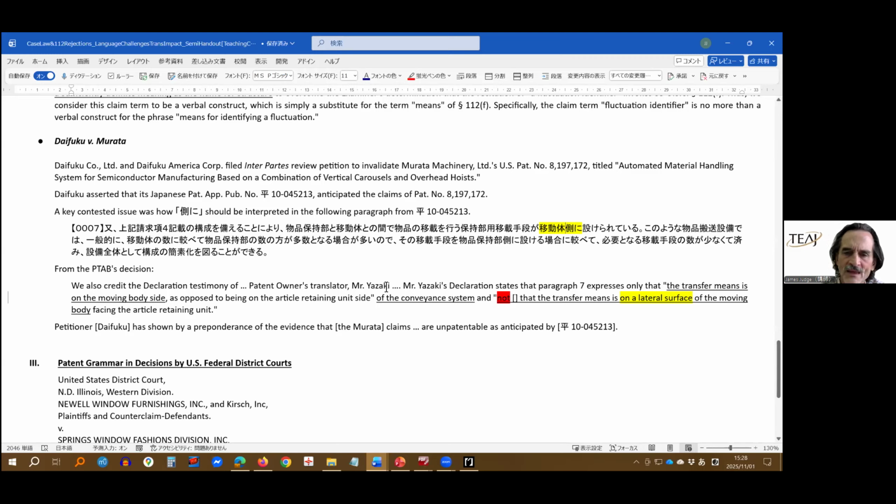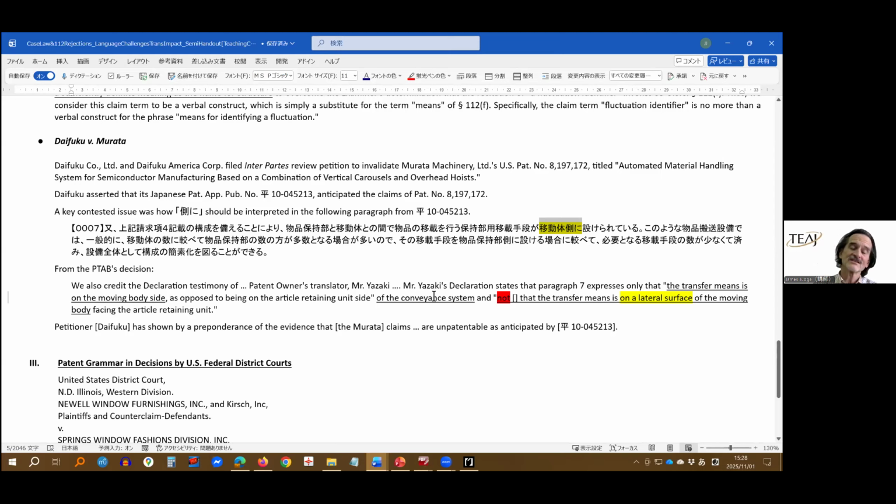And so it turns out that Murata's translator was very honest, and he said that the meaning in Daifuku's patent is that it's disposed on the side of the system.